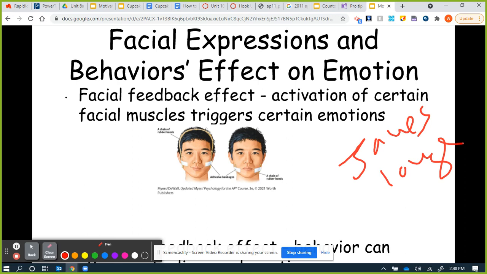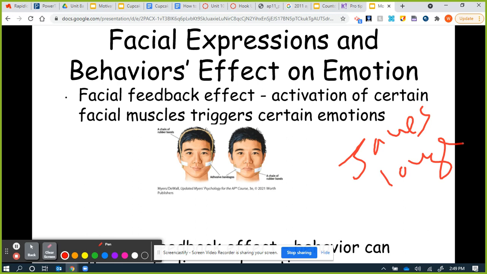So when we activate the muscles involved in smiling, sometimes just smiling can make us feel happy, or frowning can make us feel sad. Now, it's not clear with this: is it the muscles that are causing us to feel that way, which would support James-Lange, or is it our expectation? Is it top-down processing? Is it, oh, I'm smiling, that must mean that I am happy?